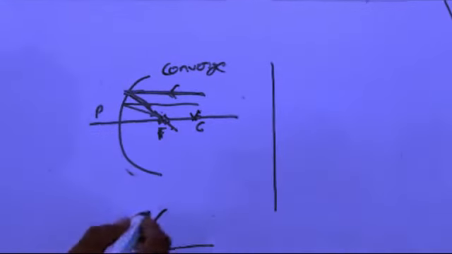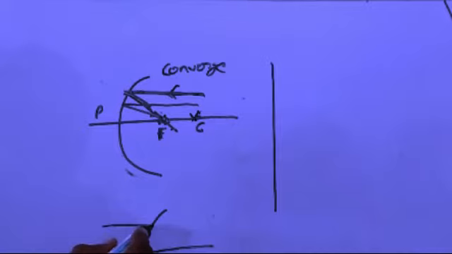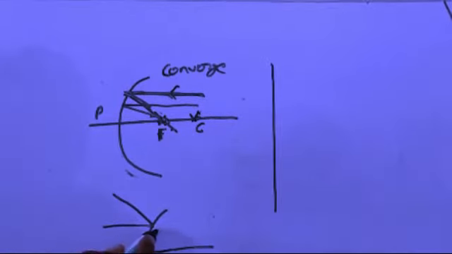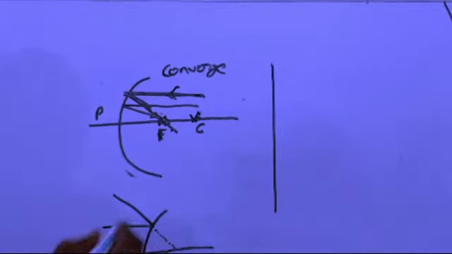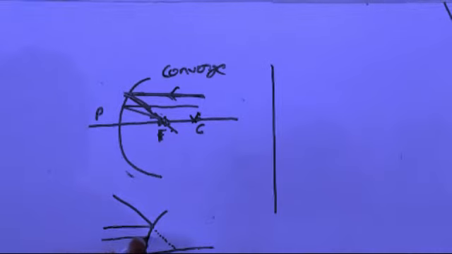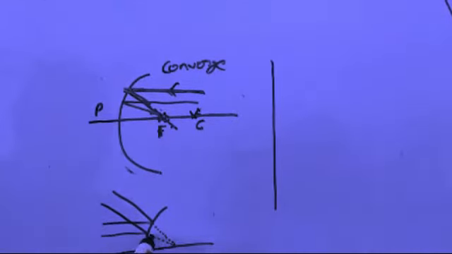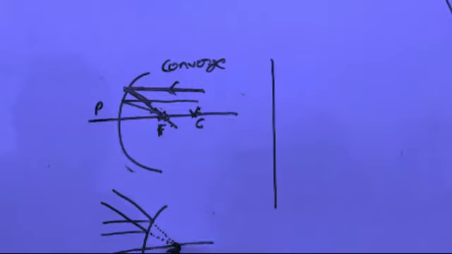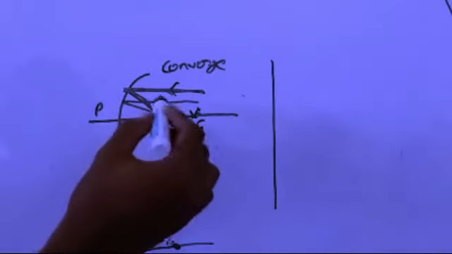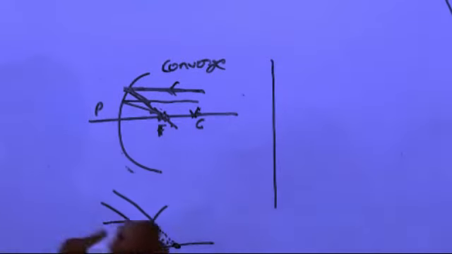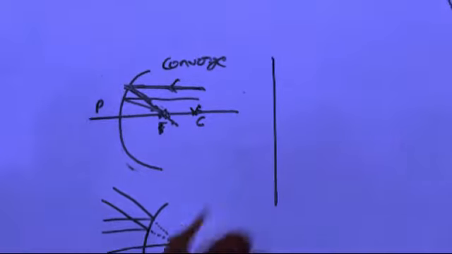Now if you take the convex mirror, we will feel that the reflected light is coming from a point. With another beam of light, we will feel that after reflection it is diverging from a point. So this is the focus for the concave mirror, and this is the focus for the convex mirror.